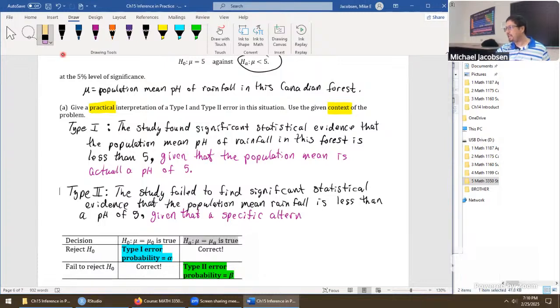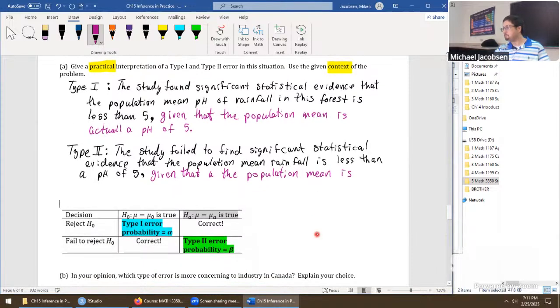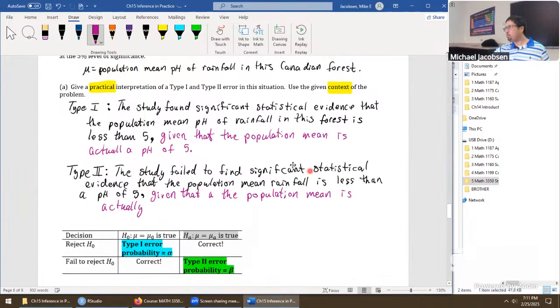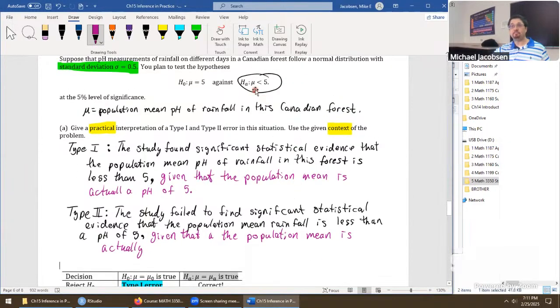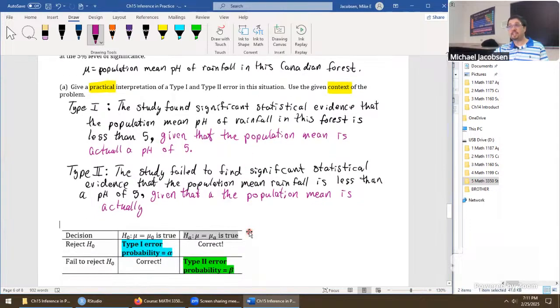Let's say this in a slightly nicer way. I'm trying to write out a practical interpretation. So let me say, given that the population mean is actually, well, we could say less than 5. That would be a valid way to write this out. But it doesn't seem to be in the spirit of this table, right?